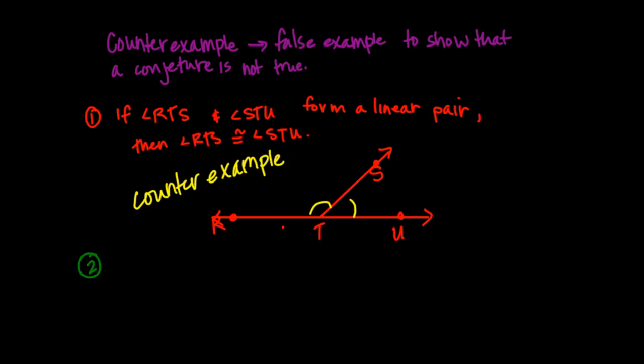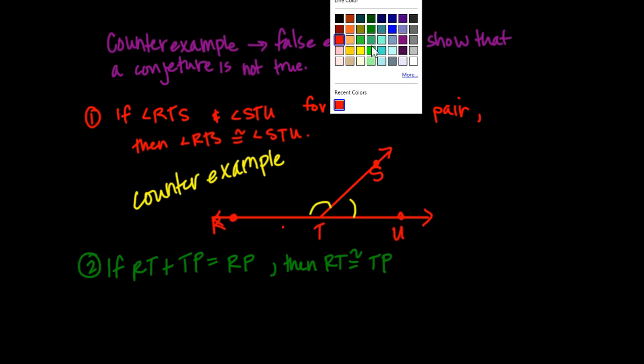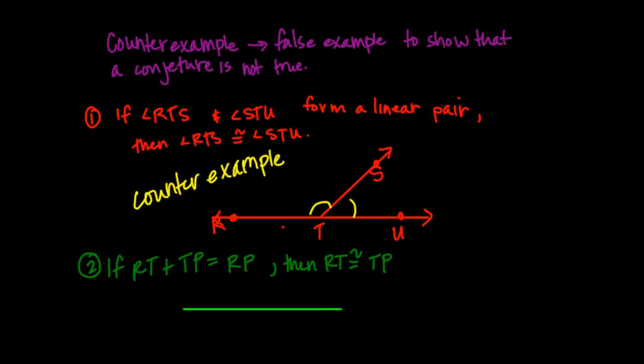All right, here's the second one. If RT plus TP equals RP, then RT is congruent to TP. All right, again, draw a picture. You're going to hear me say this a lot this year. Draw a picture and let's look at this. Let's get a segment going here.